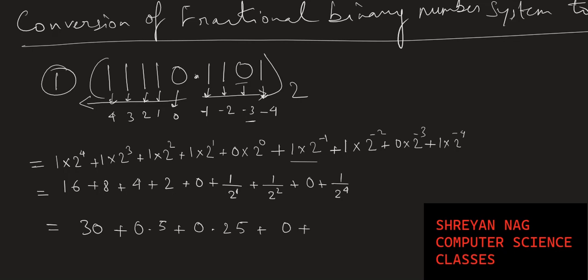And then 1 divided by 2 to the power of 4 is what? 2 to the power of 4 stands for 0.0625. Now if you add up all, what becomes? It becomes approximately 30.5.